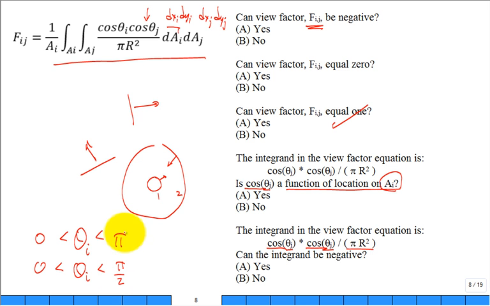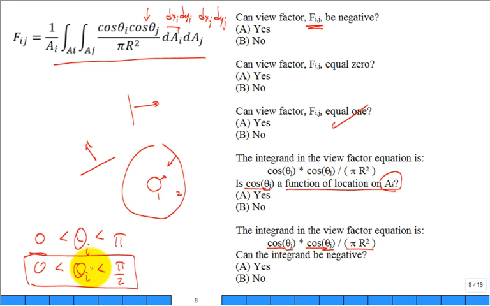If it can go larger than pi over 2 and you start to go toward pi, you're going to get a negative of the cosine of that angle. But if it can only go between 0 and pi over 2, it will go from 1 to 0, but never go negative.